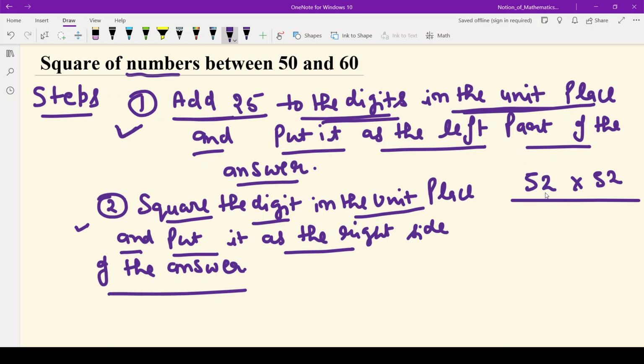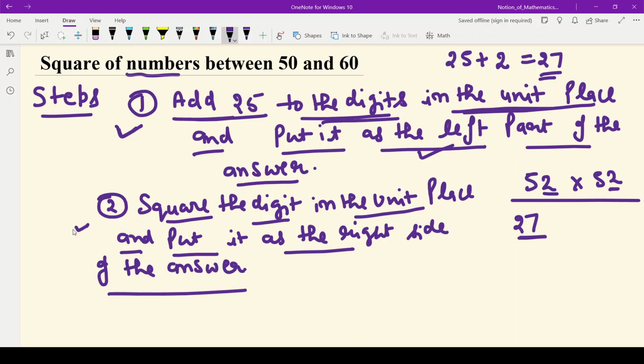The unit place digit is 2, so we will add 25 to it, and that gives 27. This value 27 we will put as the left part of the answer. Here I am going to put 27.